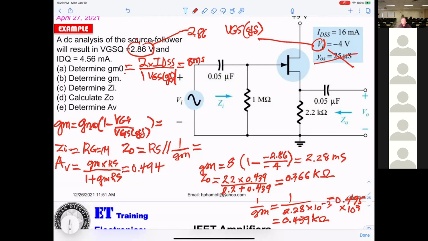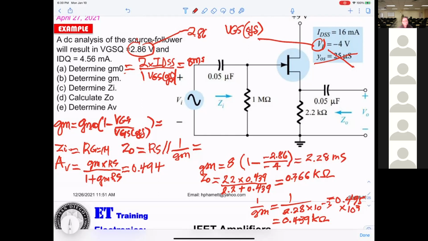Hey, Mr. Pham, my question on this one here, that's a small gain. So based on your experience, is that about what the gain should be? Yeah, they have no gain. Not much. You understand the JFET only gets a benefit for high input impedance, not the gain.